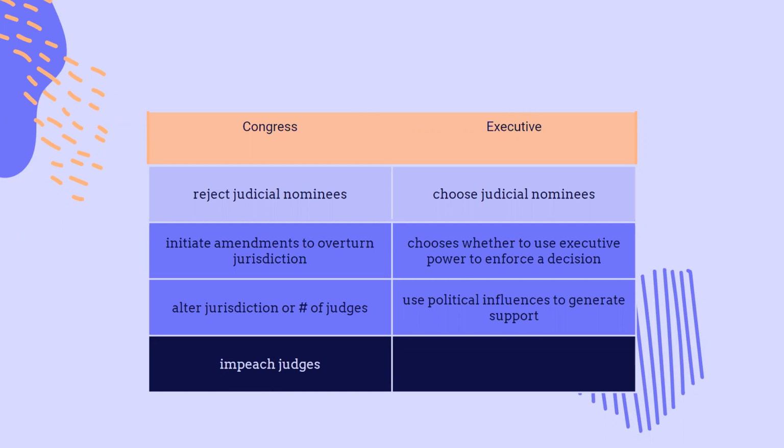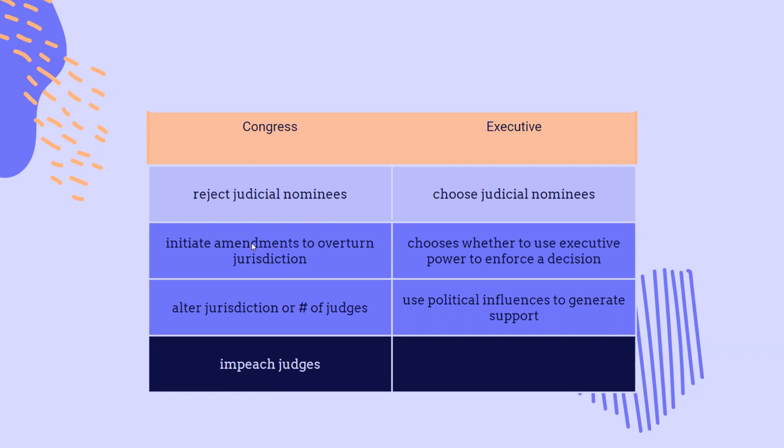If you remember from our legislative branch lesson, the Senate has the power to approve or reject judicial nominees made by the president. So if they don't like a nominee the president made, they can just reject them, and that nominee can't influence the judicial branch. And they can initiate amendments to overturn jurisdiction.